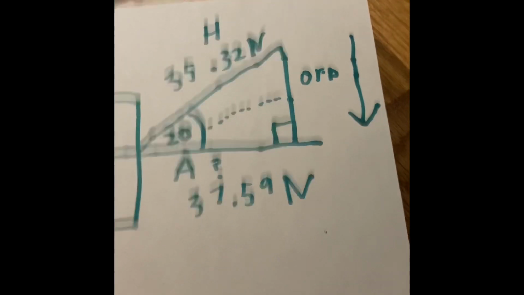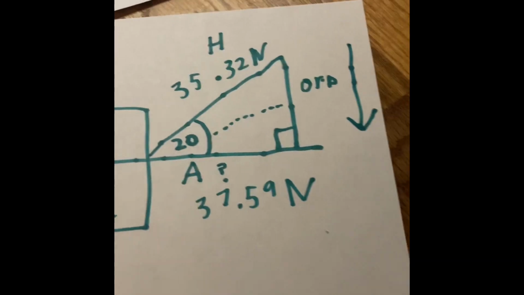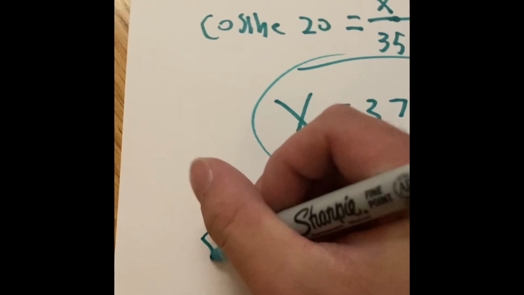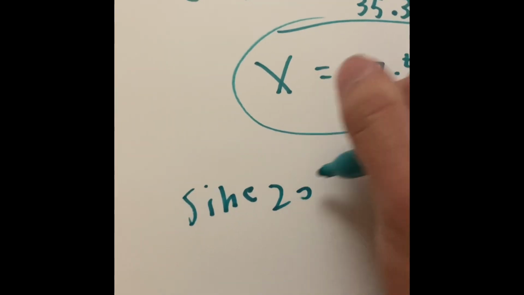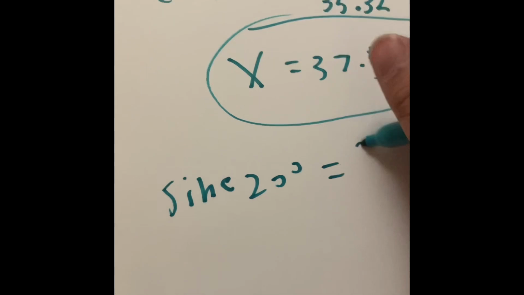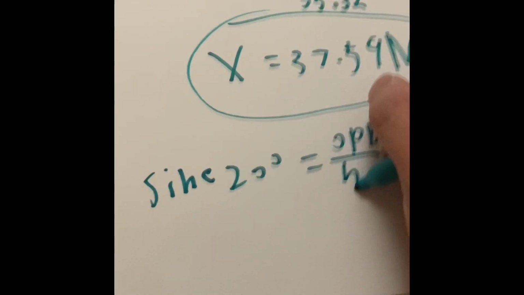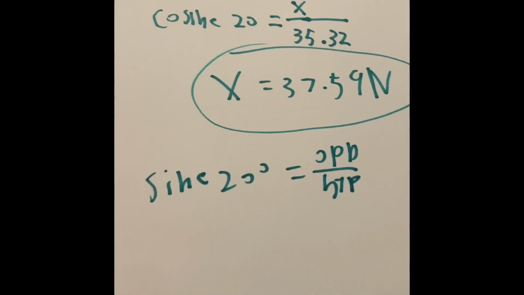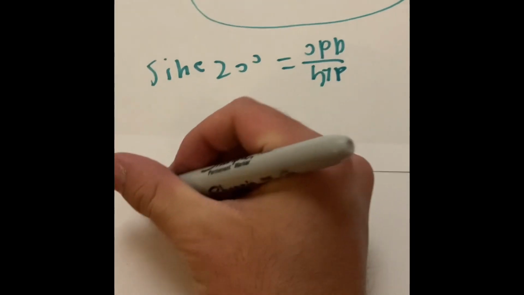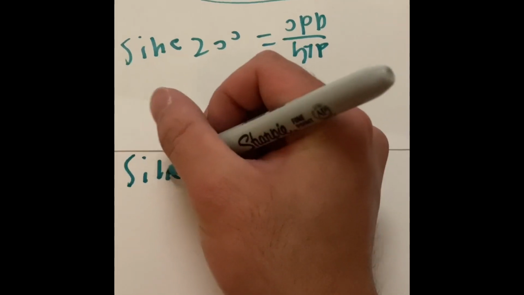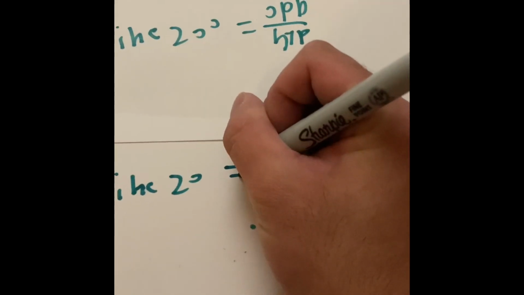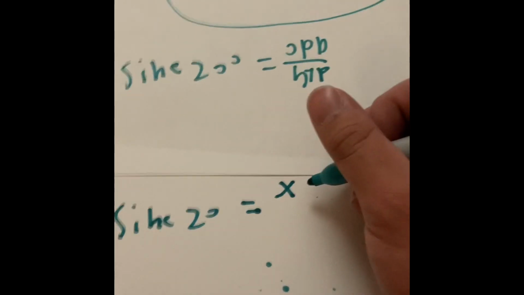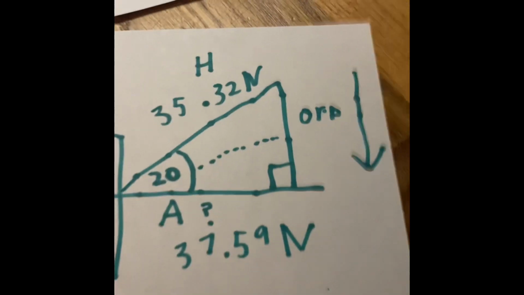Well, if we try to find the sine, that can work. The sine of 20 degrees is going to equal the opposite divided by the hypotenuse, right? We don't know what our opposite is, because that's what we are trying to find in the triangle.